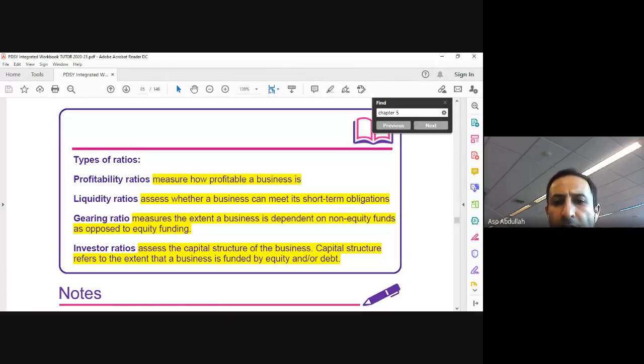Liquidity is obviously about the short term. When we say short term, it means current liability. Liability means you owe to suppliers, you owe to financial institutions, including banks. If you have a mortgage, for example, a long-term loan, taking a long-term loan for investment or for buying new machinery for the company, these are long-term liabilities, but short-term liability is only short-term.